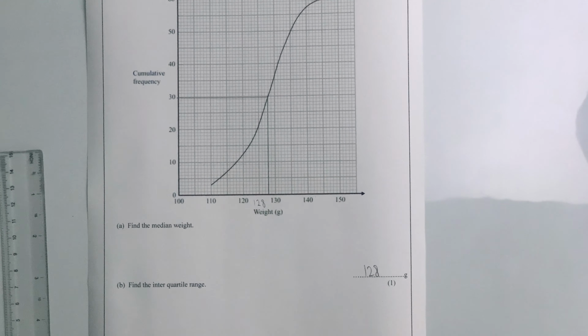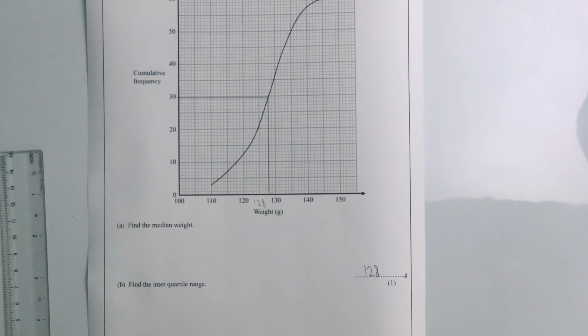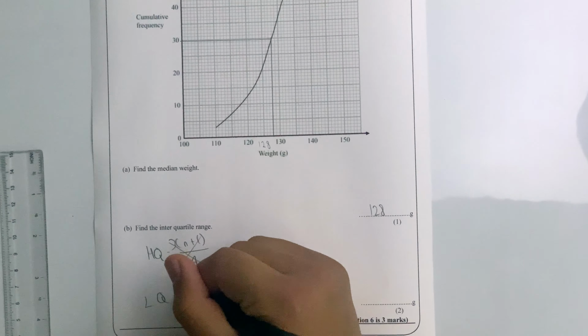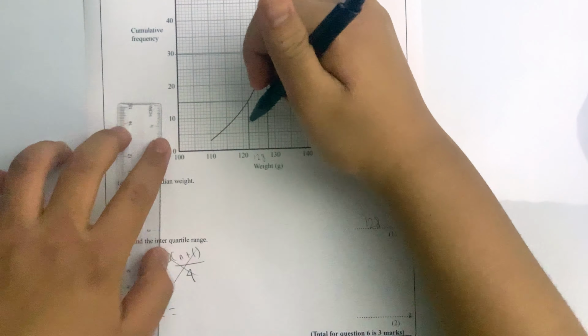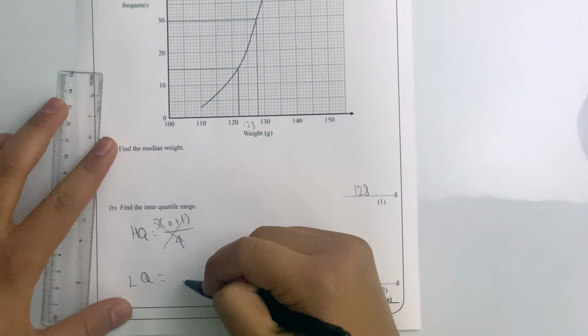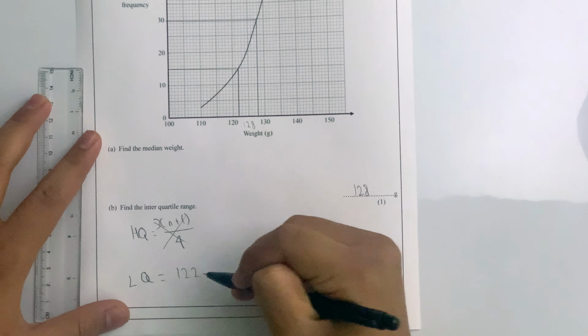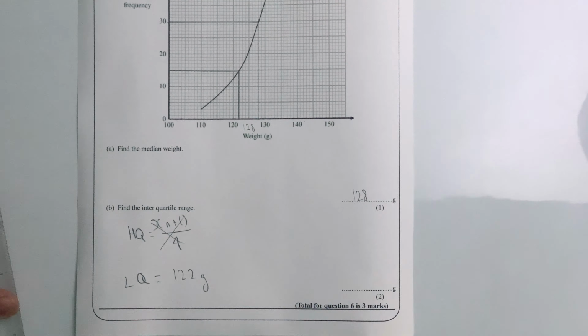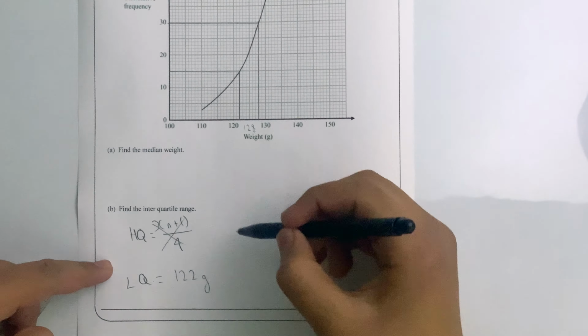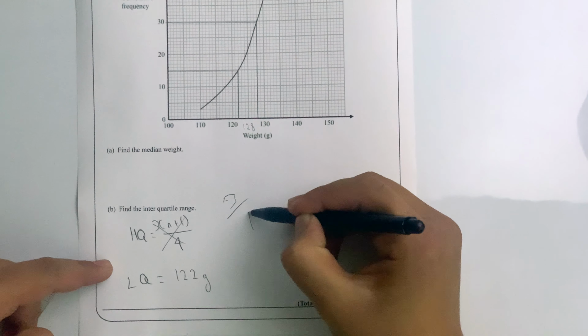We want to first find the higher quartile or lower quartile. It doesn't really matter. So to find the lower quartile, you do half of 30, 15. And for the lower quartile, it is 122 grams. For the higher quartile, now we know that one quartile is 15, and the higher quartile is basically 3 out of 4.